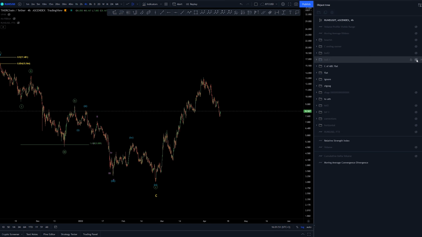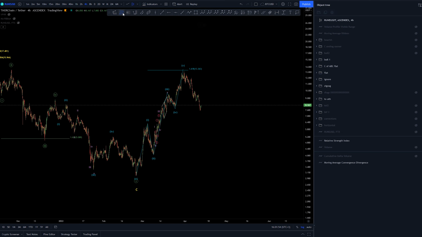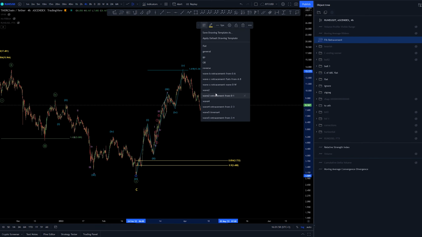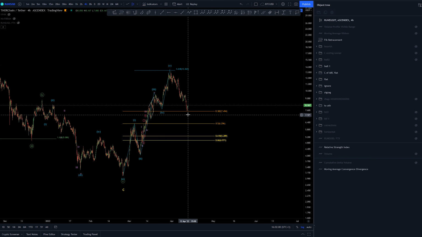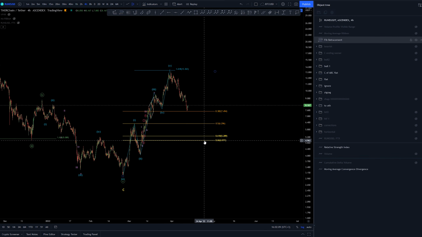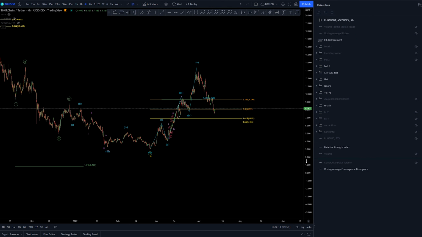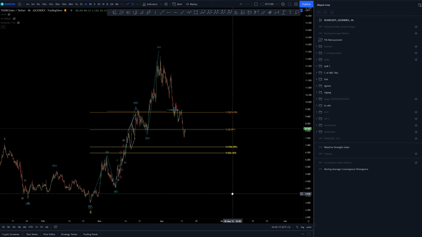Now, if this is a completed move, we would be expecting this price to come down to these areas. Currently we're sitting at the 0.382, but again the 0.5 and the golden pocket would be something that we would be expecting more likely on this wave 2, if it is wave 2.